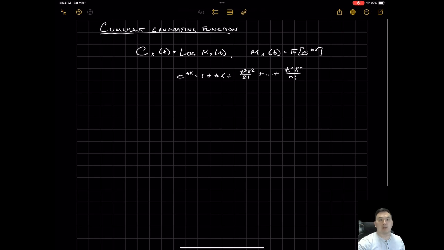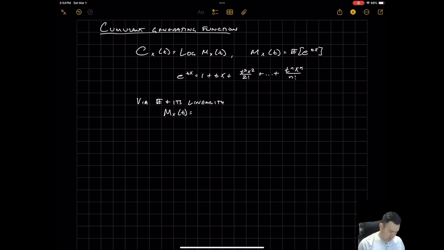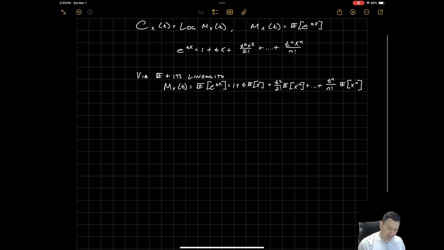We'll now apply the expectation operator and its linearity property to come to the approximation of our moment generating function. But notice that the above form can be rewritten as 1 plus big O of t, where the big O of t is the tail of our moment generating function Taylor expansion.